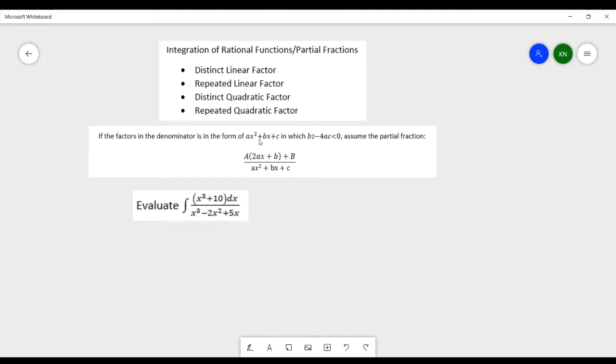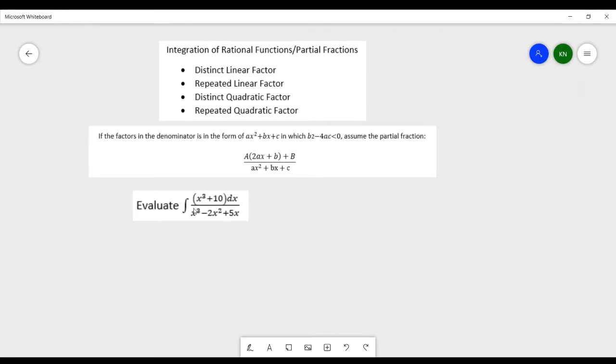Also, you need to note that the exponent of our numerator must be less than the exponent of our denominator. But in our example, the numerator and the denominator have the same exponent.